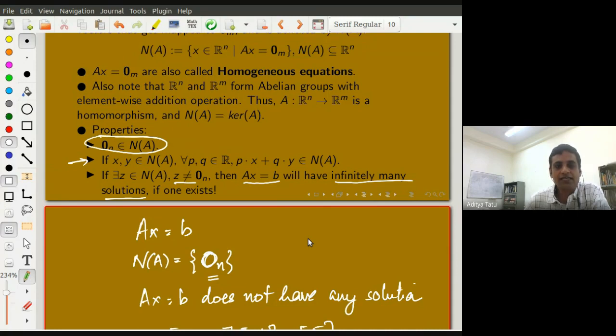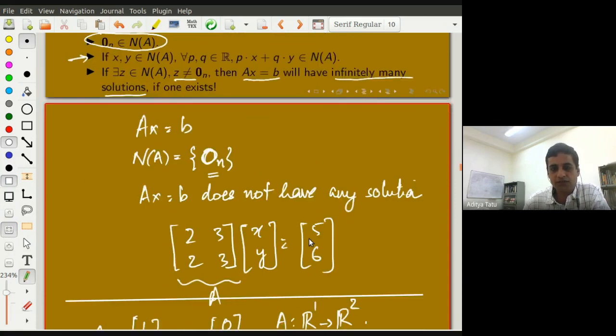So all we are saying is if the null space contains non-zero vectors and if a linear system has at least one solution, then there will be infinitely many solutions. It may so happen that the null space has infinitely many elements, still Ax equal to B may have no solutions. That is also possible.